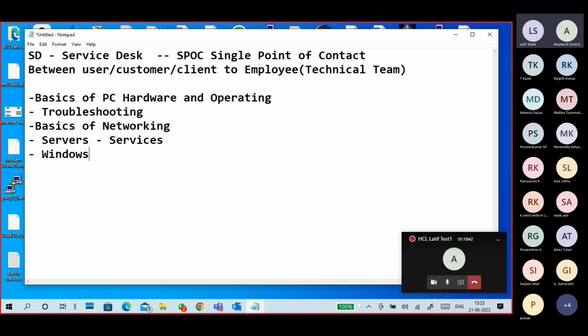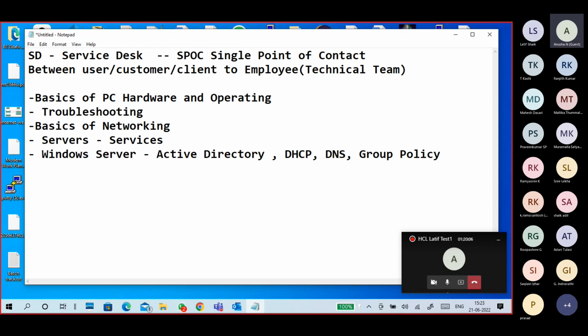In Windows servers, an important topic is what is Active Directory, what is DHCP, what is DNS, what is group policy, and other things like what is VPN, what is proxy.